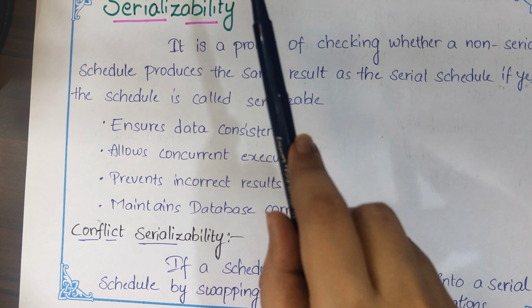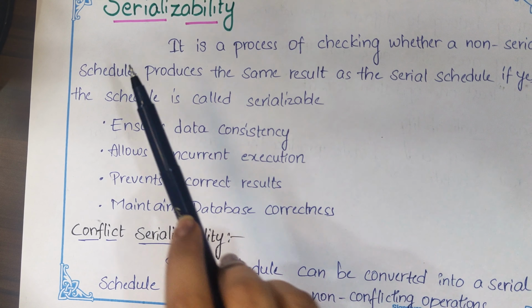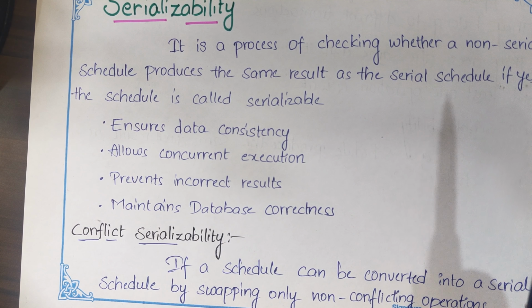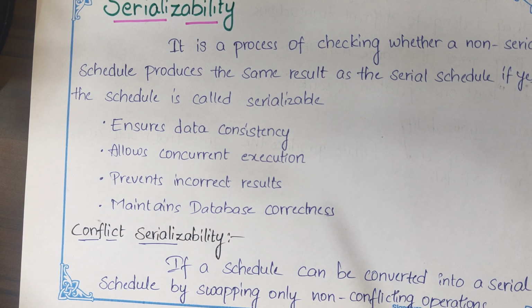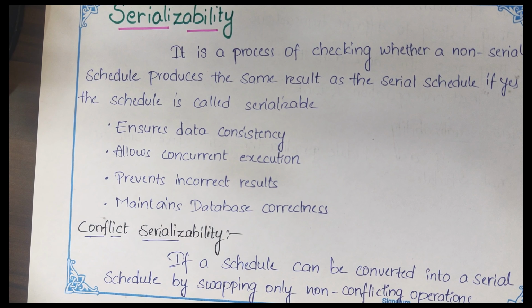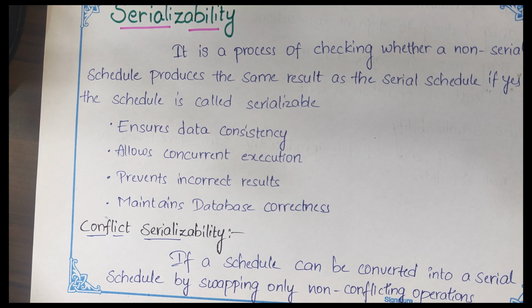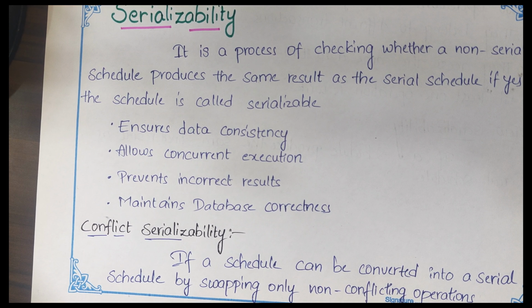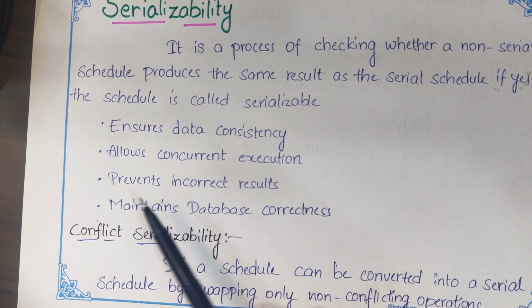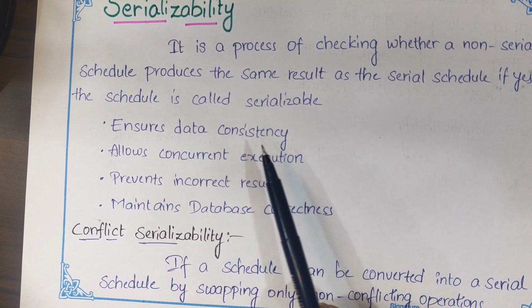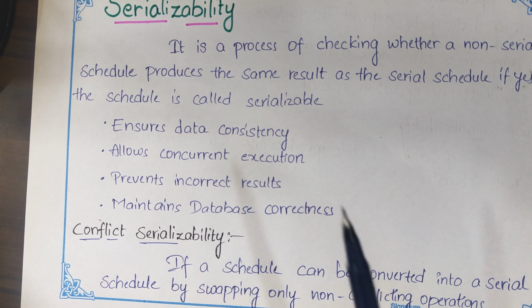When we pick two pens and place two pens here, left to right, if the second method also gives the same result as the first method, then it is considered correct. If a non-serial schedule produces the same result as a serial schedule, then the non-serial schedule is considered serializable.